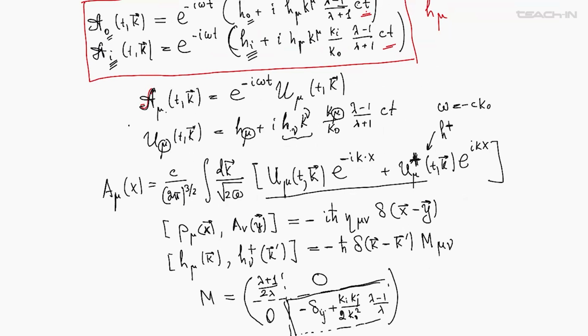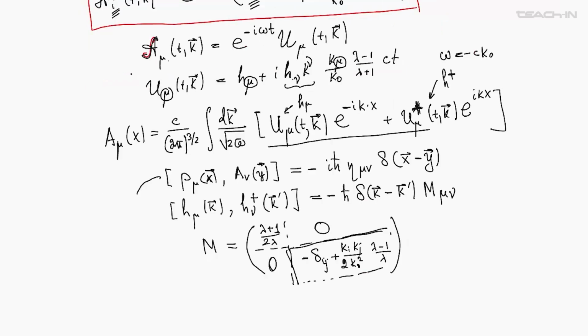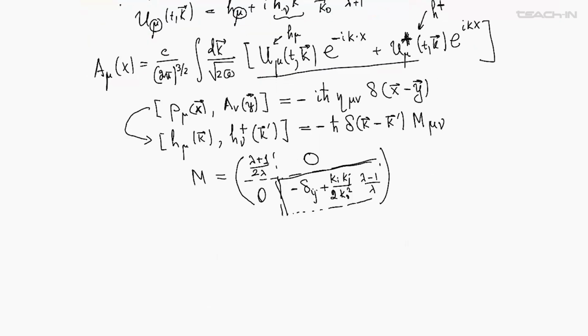But now it becomes an operator. Upon quantization, it becomes an operator, and the canonical commutation relations between p mu and a nu induce the commutation relation between the components of h. And this is how it looks. This is what you find.